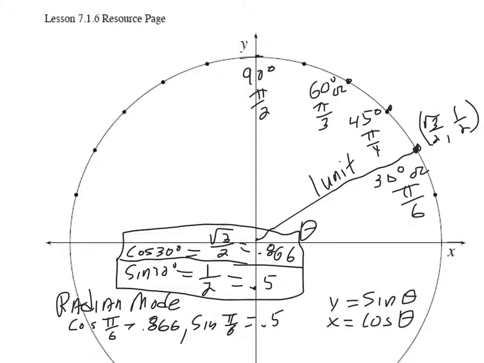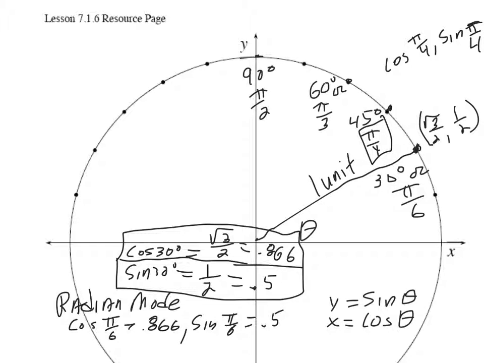So up here at 45 degrees, which is now what we call pi over 4 radians, that will have the coordinates of the cosine of pi over 4, comma, the sine of pi over 4.